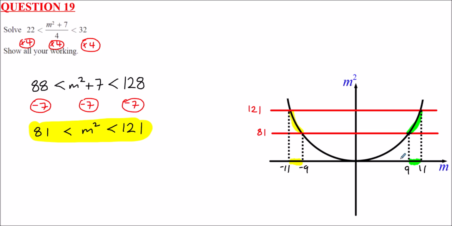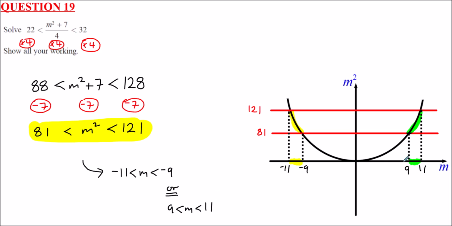So I think the graph is a very powerful tool to help us here. Therefore, the two possible ranges of m are that either m is between minus 11 and minus 9, or m is between 9 and 11.